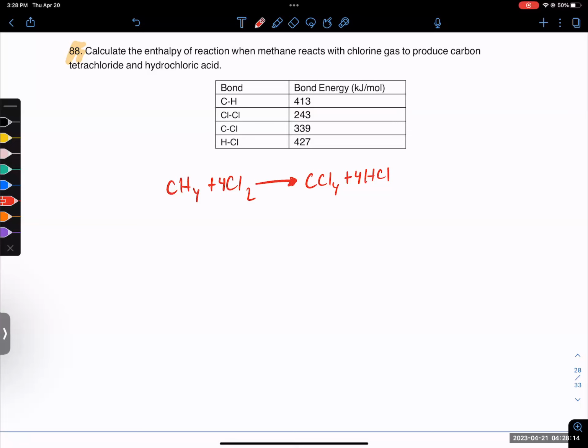Some people might not have learned it yet, so you might want to teach it. Daniel is correct. So the next step here is to draw Lewis structures. The first step is to make the chemical equation and balance it as we've been doing. Next step is to draw the Lewis structures.